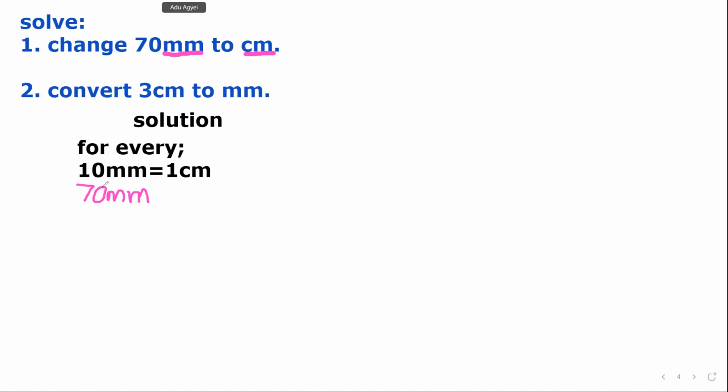Everything under the millimeters must be recorded under the standard. And because we don't know the centimeters, we can put K to represent the centimeters here. So now we have the K centimeters here. Okay, good.